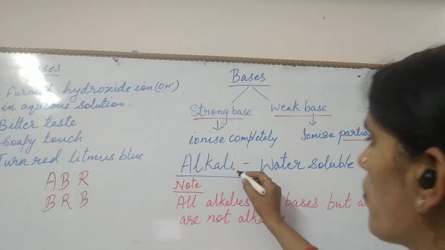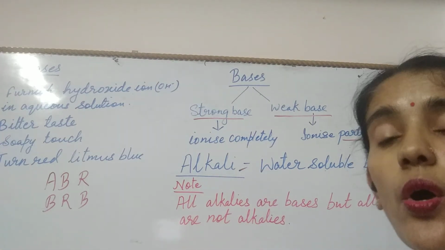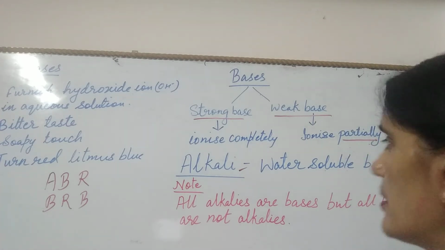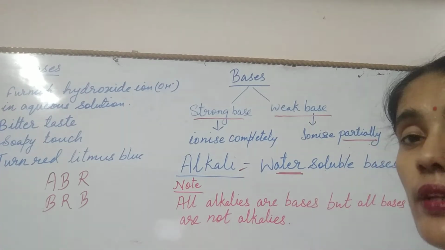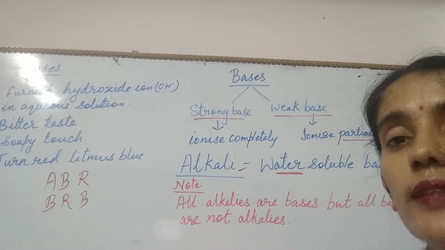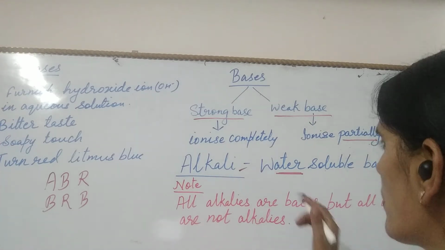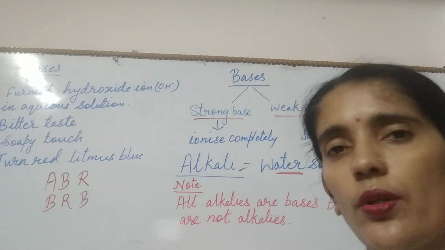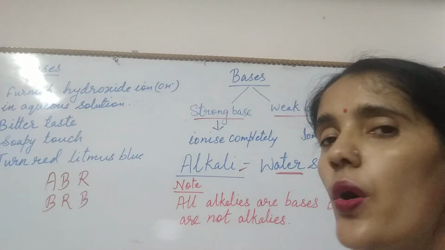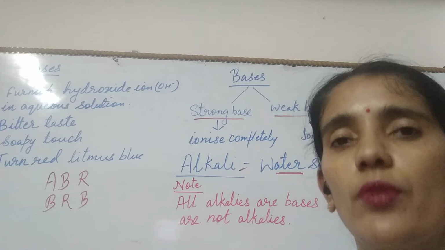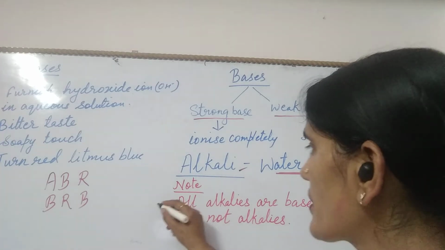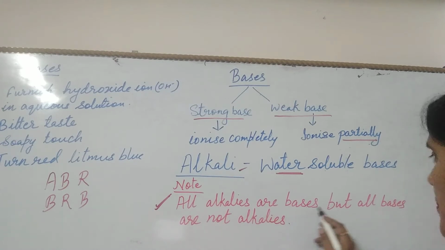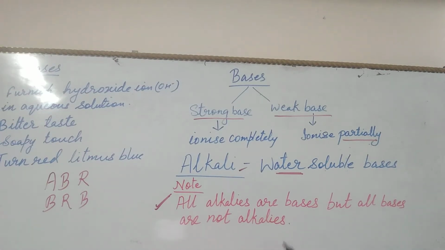Now, what are alkalis? All the bases which are soluble in water are known as alkalis. I am talking about aqueous solution and all, but still all bases are not soluble in water. Now the most important thing: all alkalis are bases, but all bases are not alkalis.